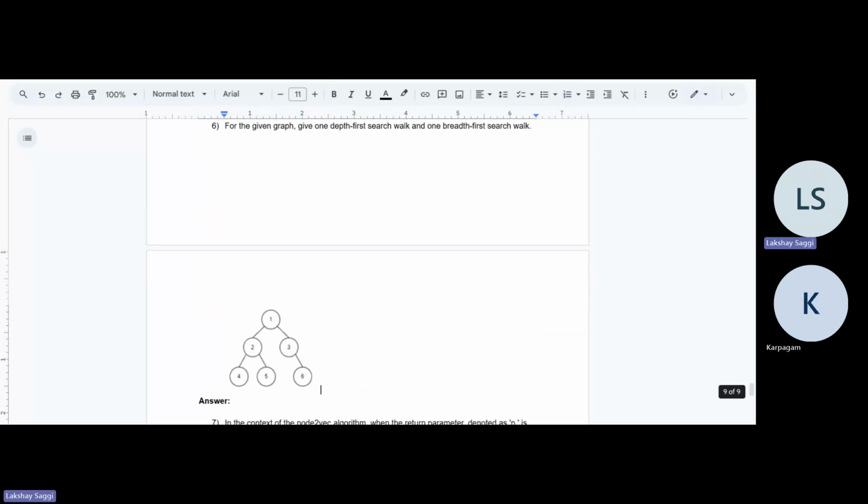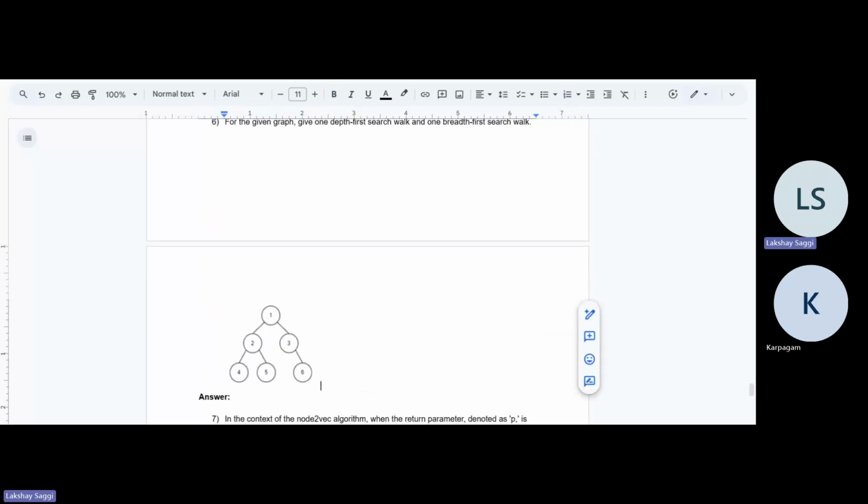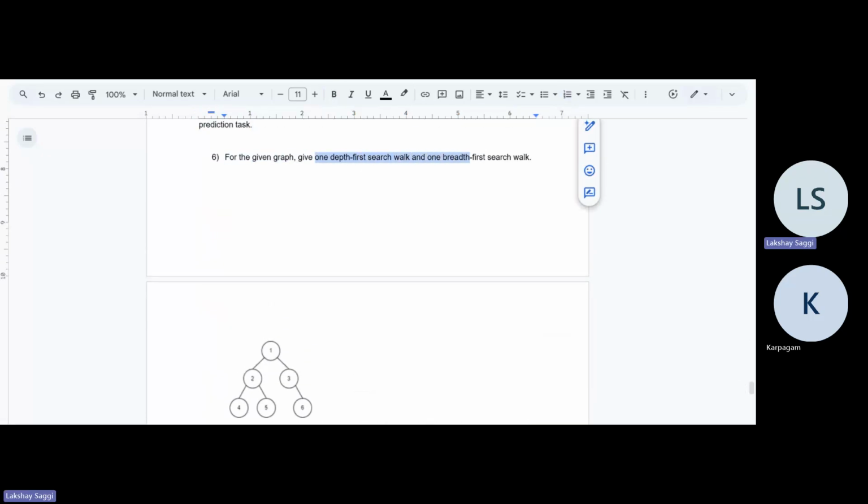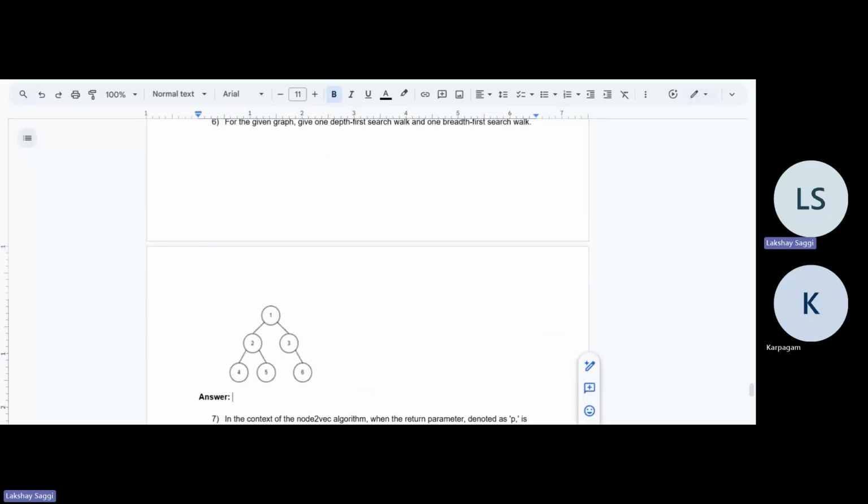Okay, so then we have the sixth question that for the given graph, give one depth first search walk and one breadth first search walk. So maybe I can just do this myself. So how do we do a depth first search walk? What we do is when we go to a node, we just go to another unvisited neighbor of it, and we keep doing this.